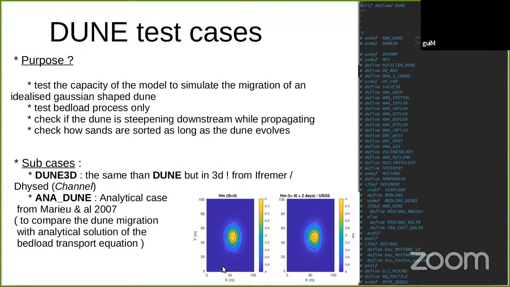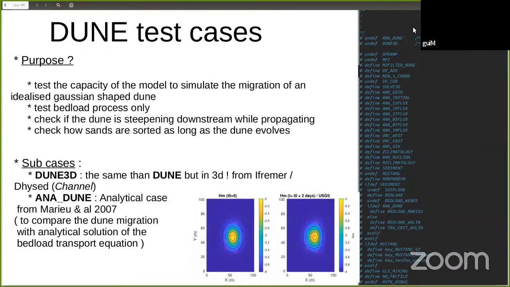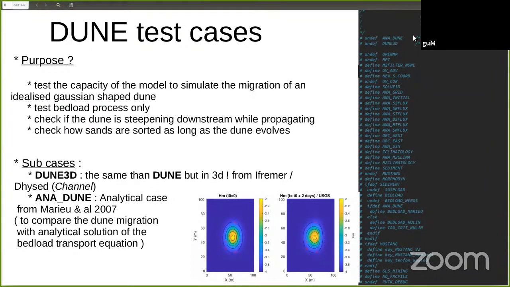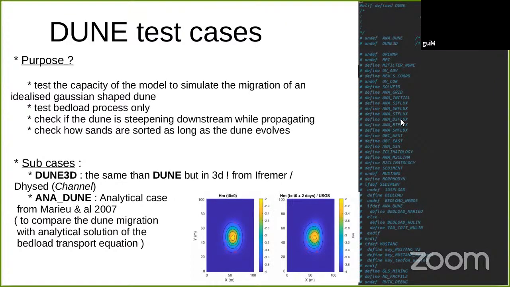Okay, the first one is the dune. On the right side, you have the section in the cppdefs file. So now I think you know this file. This is the section for the dune case, and you can change there the subcases, analytical dune and dune 3D.